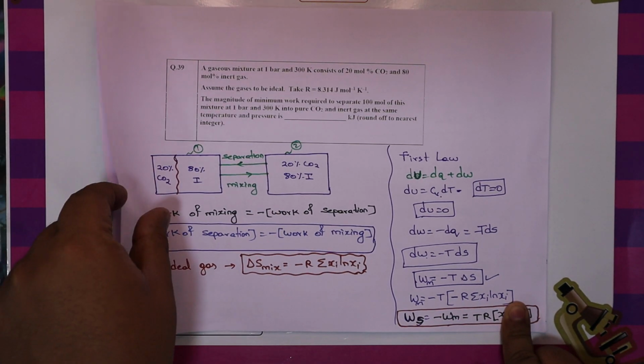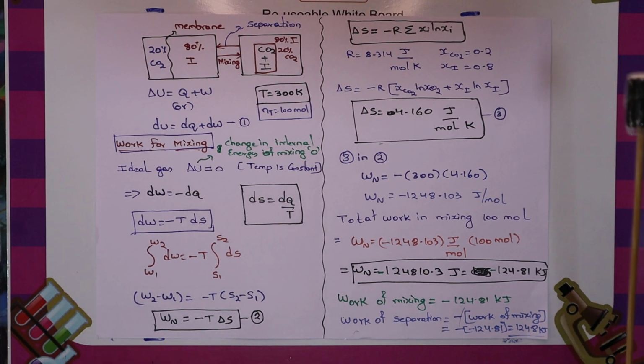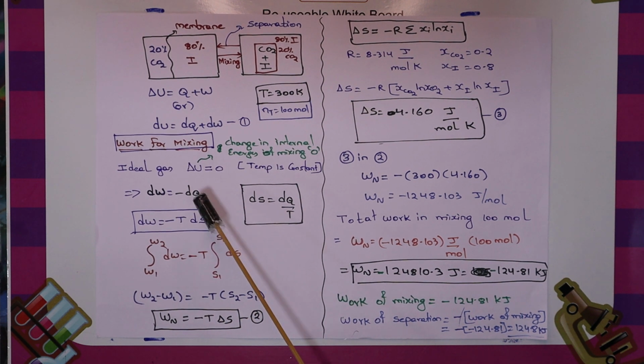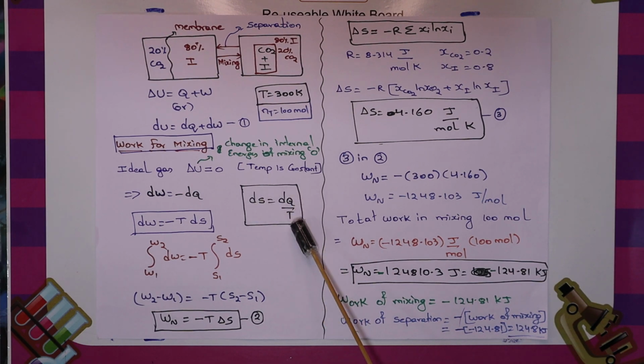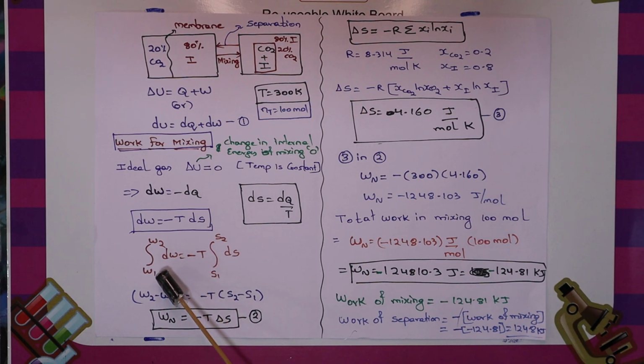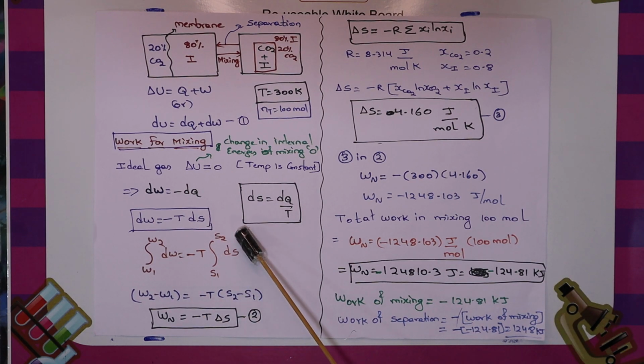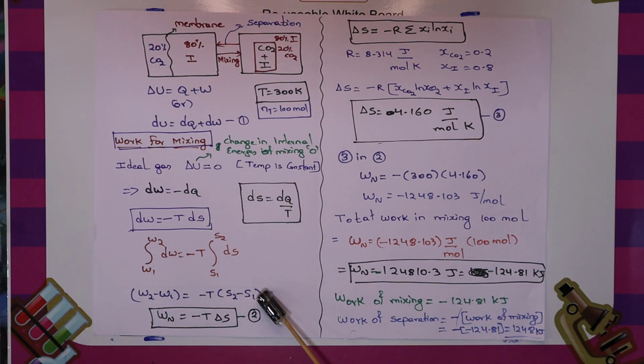Let us do it in more detail. You can see this is the expression. With dU equal to 0, dW is equal to minus T dS, because dS equals dQ by T. If you substitute this and integrate W1 to W2, S1 to S2, where S1 and S2 are the entropies of state 1 and state 2, W2 minus W1 is equal to minus T into S2 minus S1.